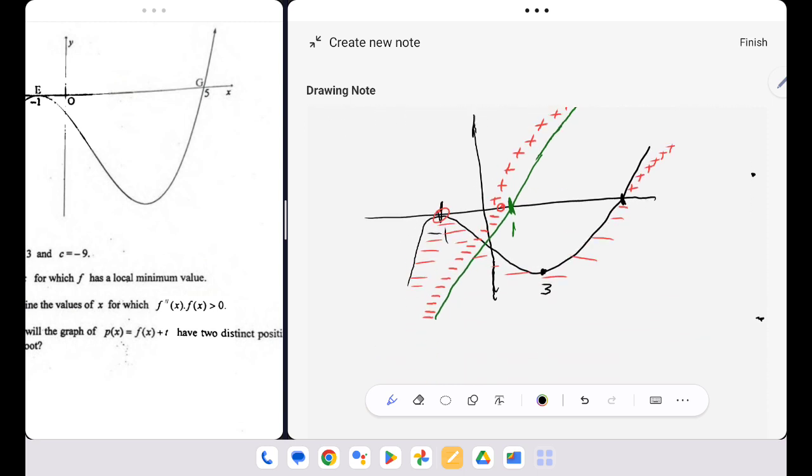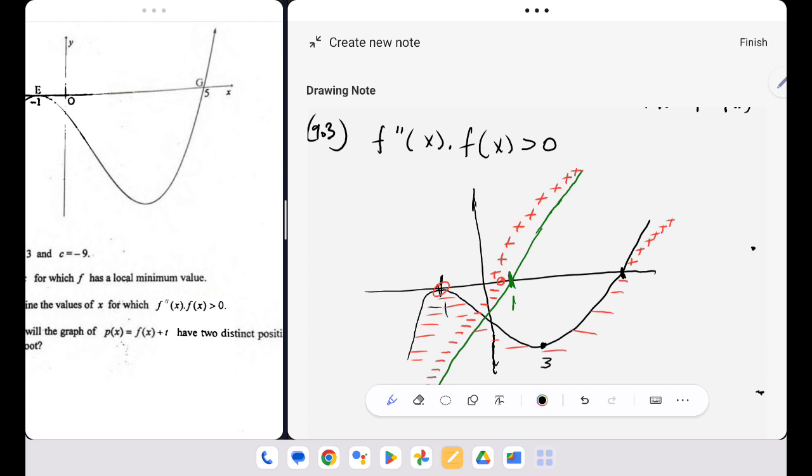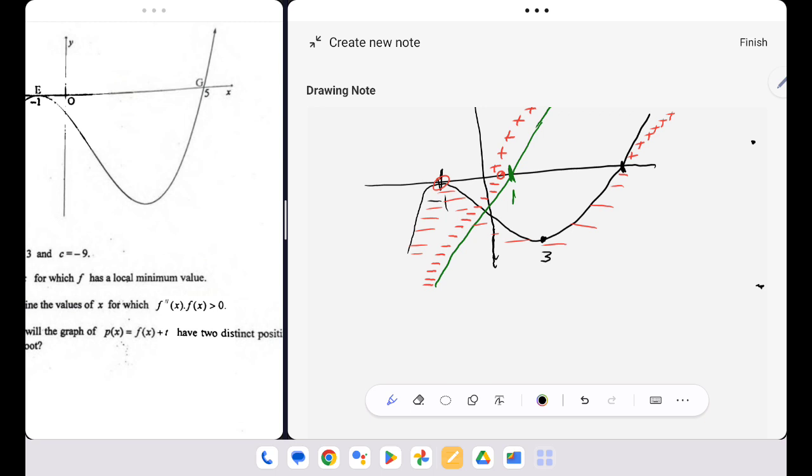I know that when x is greater than 1, from 1 to infinity, my second derivative graph will always be positive. But for the cubic function, it starts being positive when x is equal to 5. So when x is greater than 5, both my second derivative and my f of x are both positive.